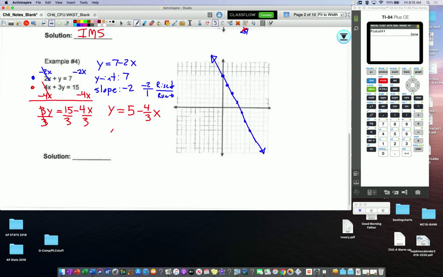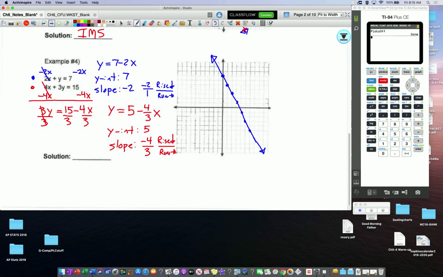I leave that as a fraction because it's easier to graph the slope that way. So if I look here, my y-intercept is 5. My slope, and I always like to put the negative with the top number, -4/3. So what it means is the rise part is I'm actually going to go down 4, and then I'm going to run 3. So I start at 5.